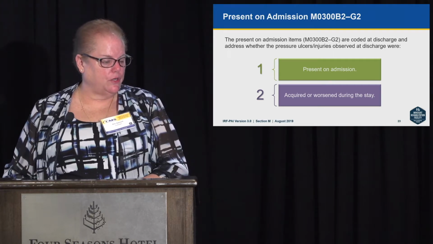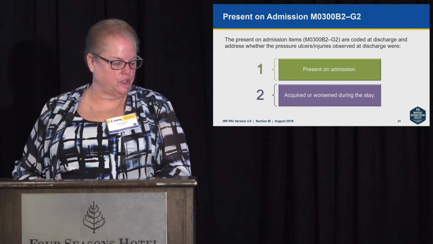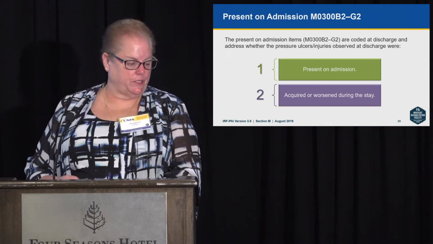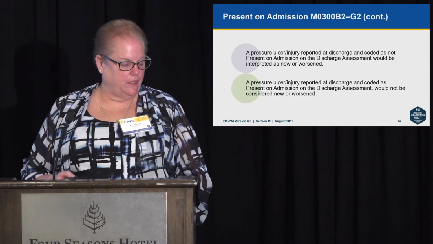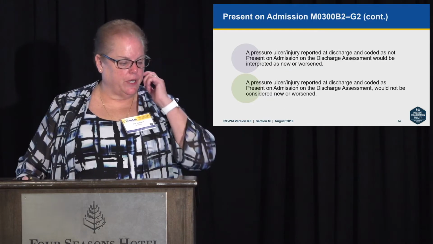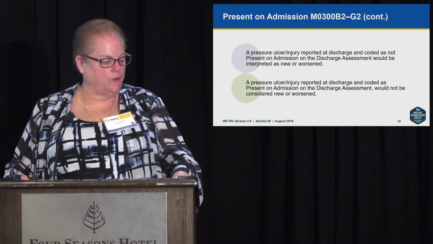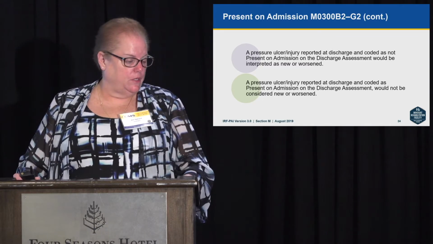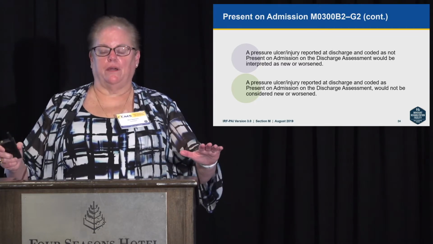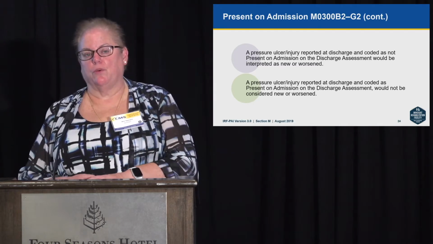Present upon admission are coded at discharge and will address whether the pressure ulcer or injury were observed at discharge. So again, was it present upon admission, or was it acquired or worsened during stay? A pressure ulcer or injury reported at discharge or coded as not present on admission on the discharge assessment would be interpreted as new or worsened, which I just gave you an example of. So if it wasn't there and now it's there, it was considered new or worsened.